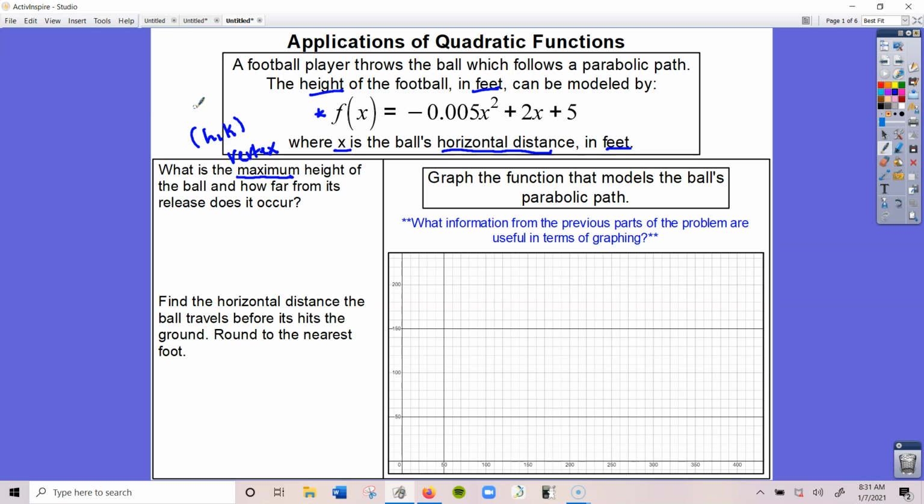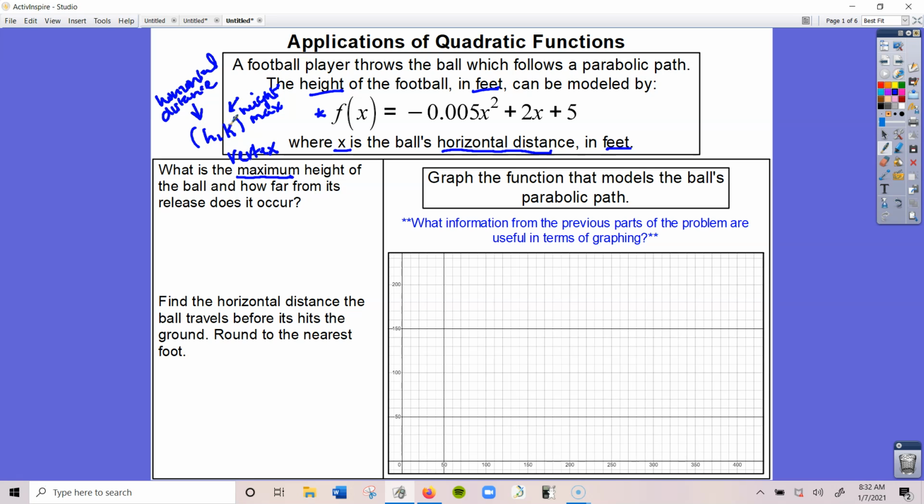In this example, h is the x value, which represents the horizontal distance, and k is the y value, which will be the height of the football, in this case the max height. So if I want to find the maximum height and how far from its release it occurs, we're looking for the coordinate of the vertex.